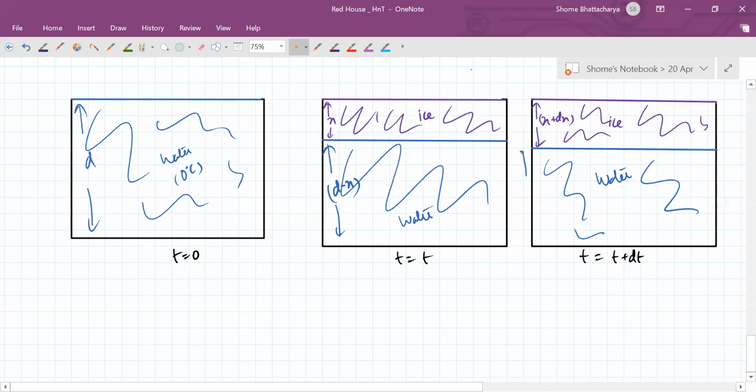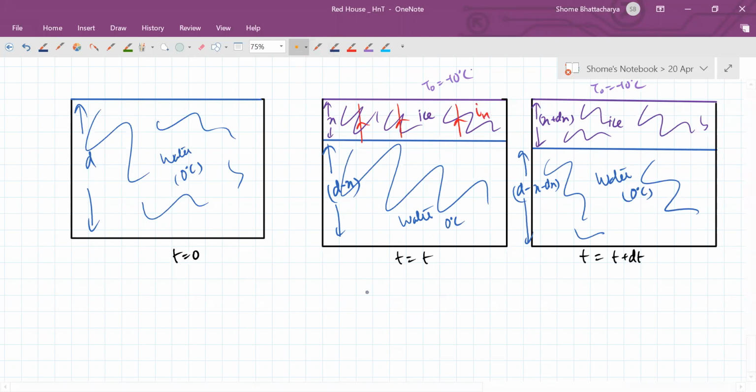In this diagram, it is further d minus x plus dx. Remember, the water will exist at 0°C, whereas the temperature outside is minus 10°C. So that is why this is the direction in which heat conducts. This is the heat current.